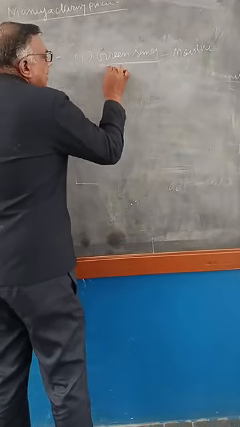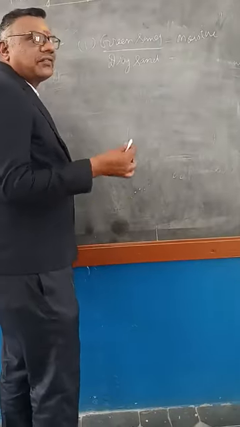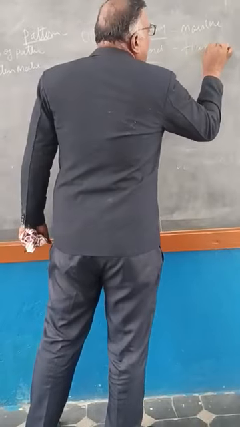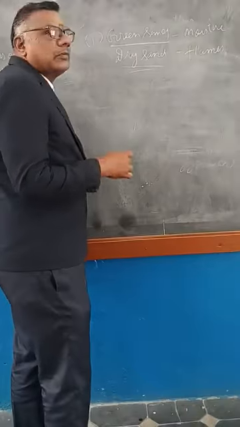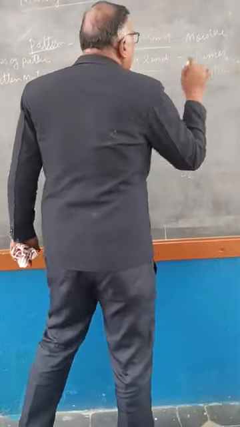Next is dry sand molding. Here, after completing all this, it is heated by means of flames. By using flames, we can remove the moisture.